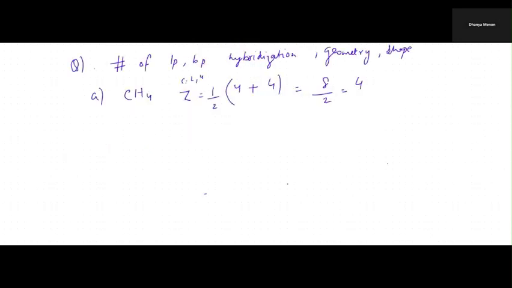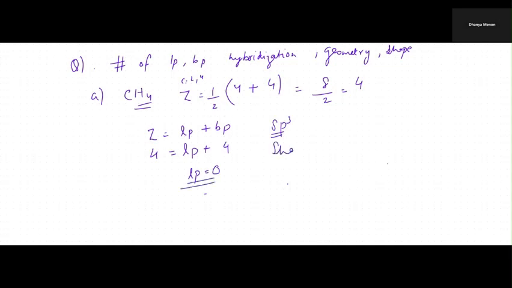So Z is equal to lone pair plus bond pair. So 4 is equal to, I don't know how many lone pairs are there, but I know there are 4 bonds. So lone pair is equal to 0. So it is sp3 hybridization. Because lone pair is 0, the shape is the same as geometry, which is tetrahedral.